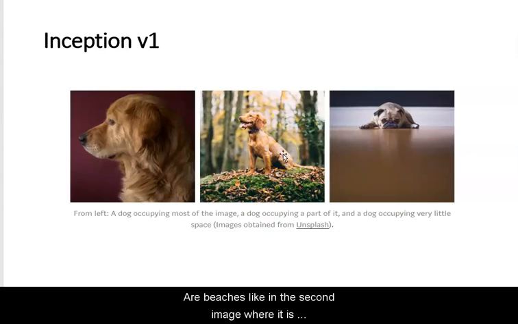So you can have all these images in your data set, and so it is not efficient to rely on just one kernel size.